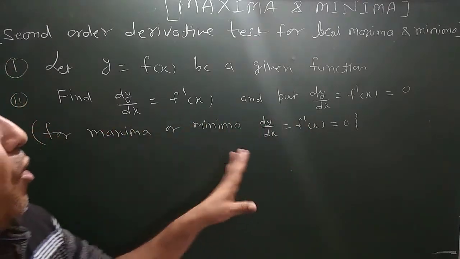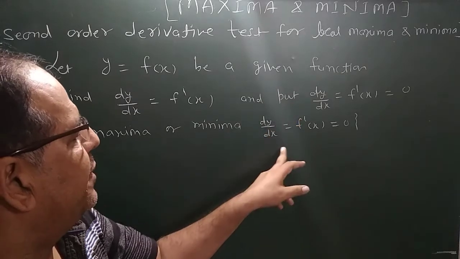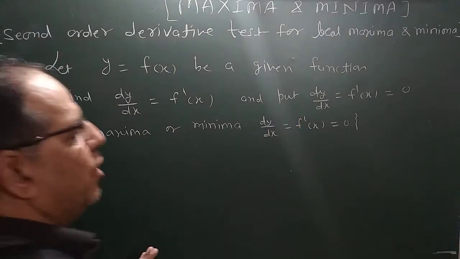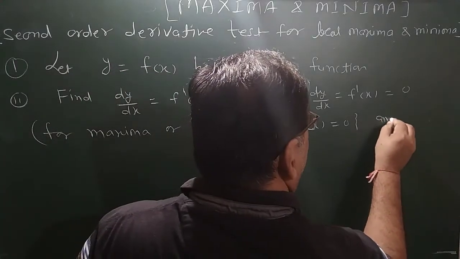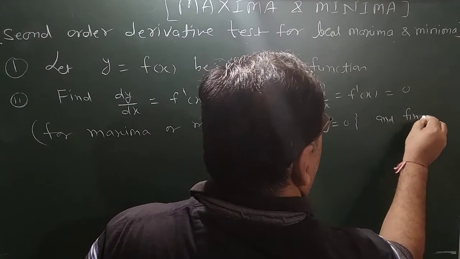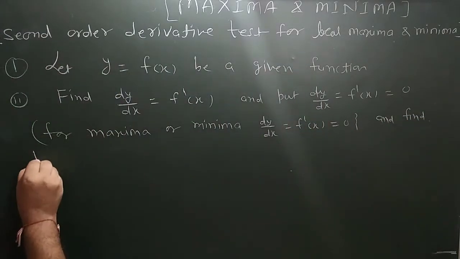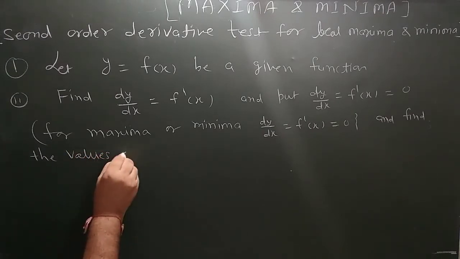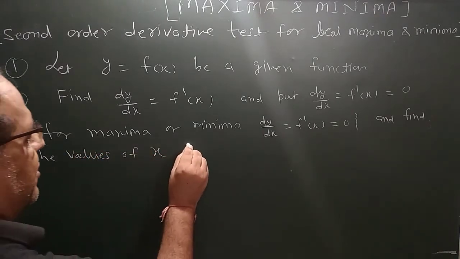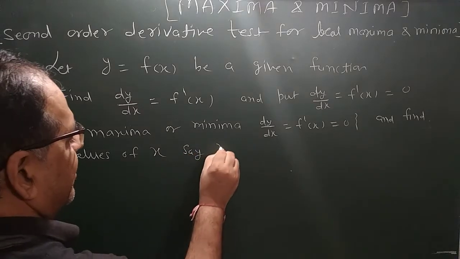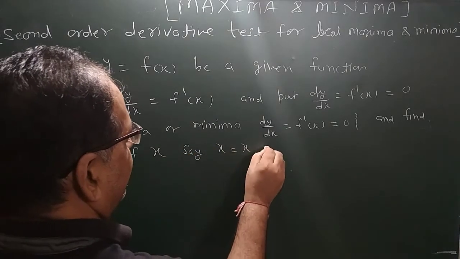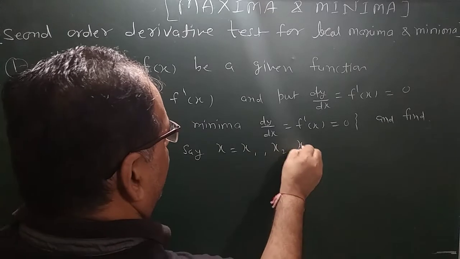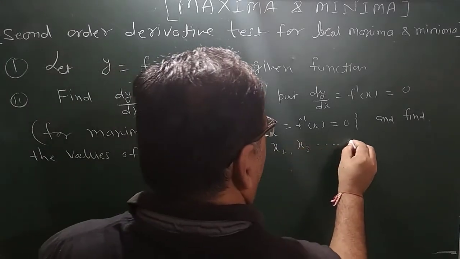So for the maxima or minima, we put dy over dx equal to f dash x equal to 0 and find the values of x, say x equal to x1, x2, x3, etc.